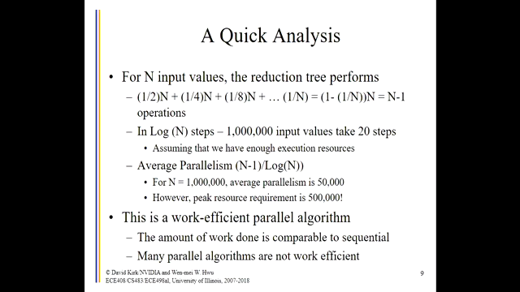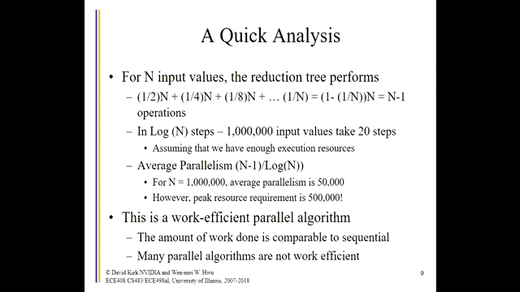We're not blowing up the number of operations we need to do to get that result, but we can do many of these operations in parallel. So this is what we call a work-efficient parallel algorithm. We're not doing more operations, but we're doing them in fewer steps as long as we have enough threads. In log n steps, if we have 1 million input values, it would only take 20 steps, as we already mentioned.